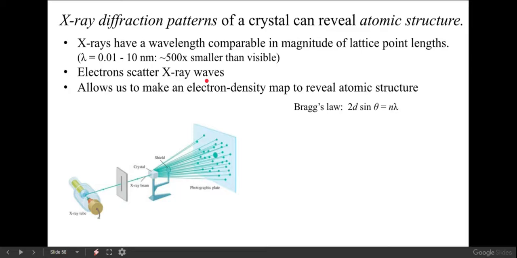And if we want to know whether it's simple cubic or rhombohedral or hexagonal or some other unit cell, then what we can use is a technique called X-ray diffraction.